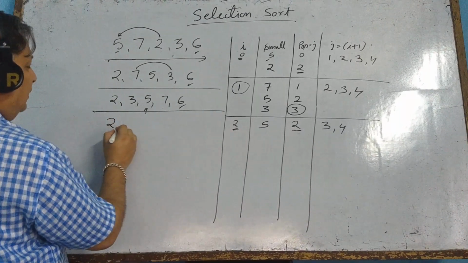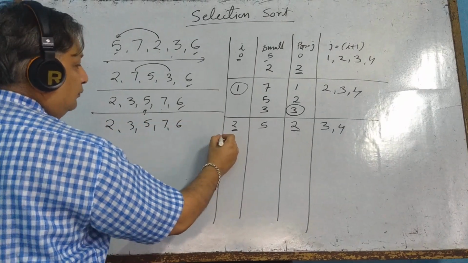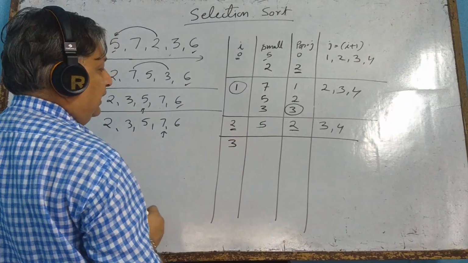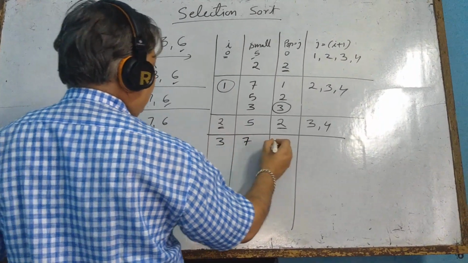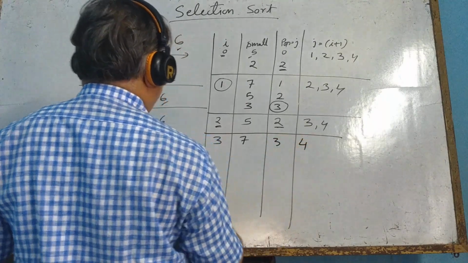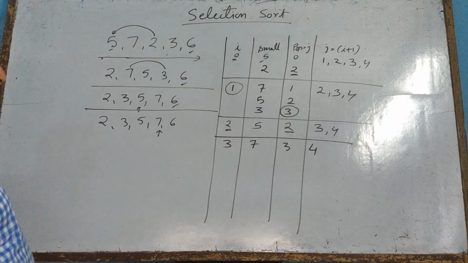So for the next iteration, for index number 3, we have assumed 7 is the smallest and the position is 3. We start looking for the smallest number from index number 4, the next place.